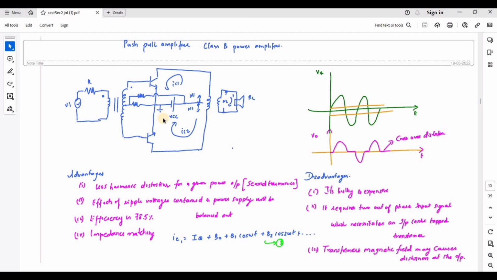Even if both the transistors Q1 and Q2 are biased a little above the cutoff point, the transformer still operates in zero flux. It is because the DC bias current for each transistor will flow in the opposite direction through the secondary transformer of T2.